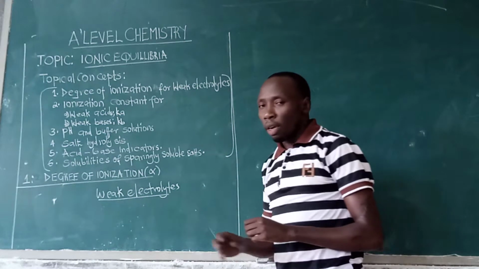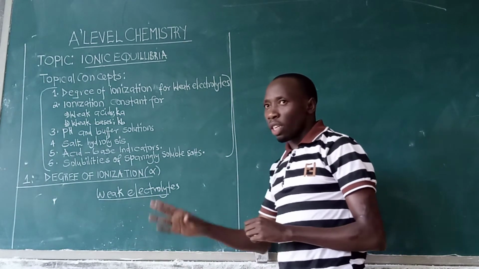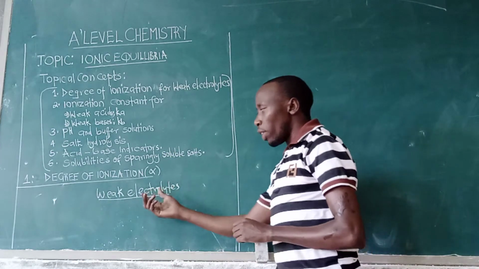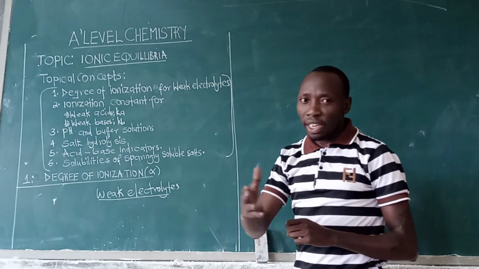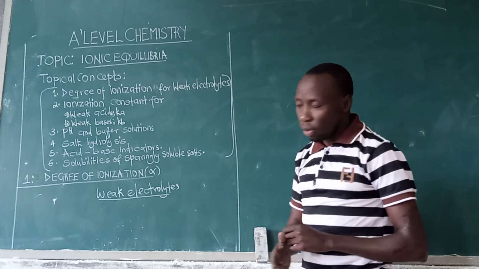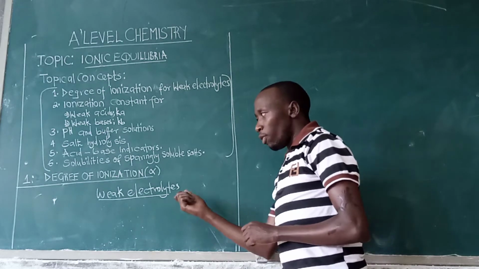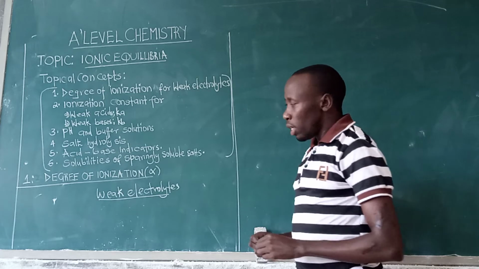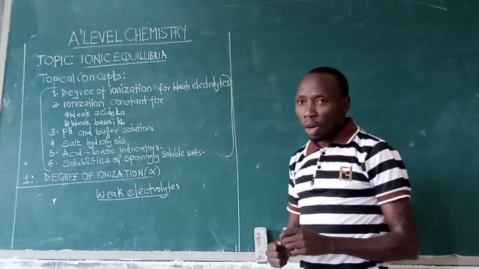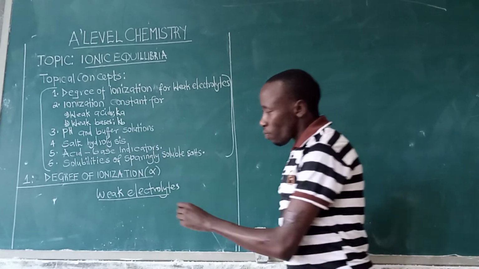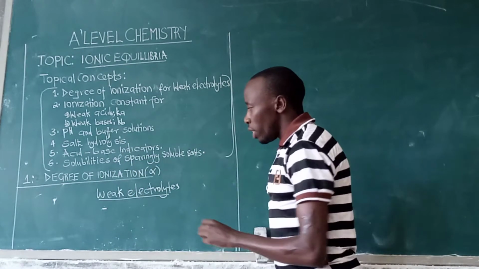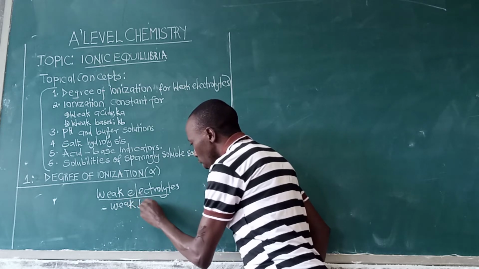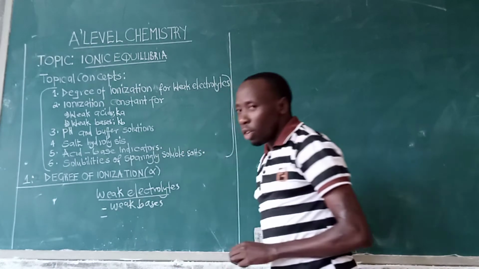A weak electrolyte simply means an electrolyte which cannot produce as many protons as possible, or as many conducting ions as possible, and is therefore restricted by the number of conductors, which we call ions. Here we are looking mainly at weak bases.